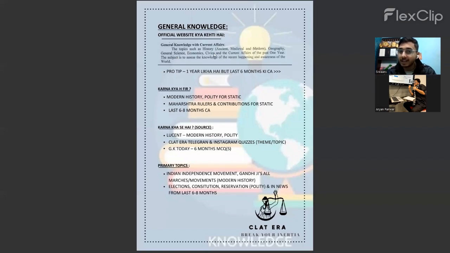They write the past one year, but you also know, be it CLAT, AILET or any other examination, you will realize that there is a recency bias in the mindset of the examiner while setting the paper. The questions from the last 3 months, 6 months will always dominate the show.